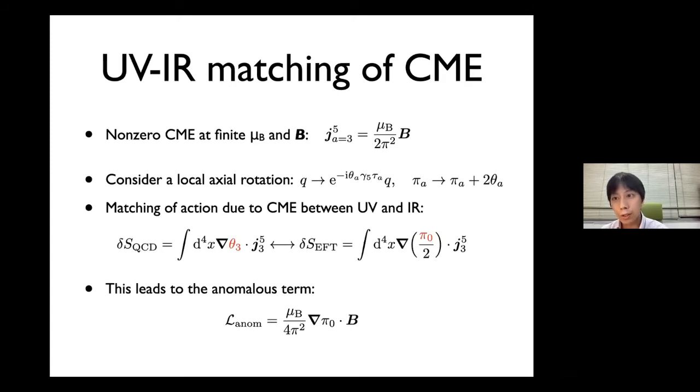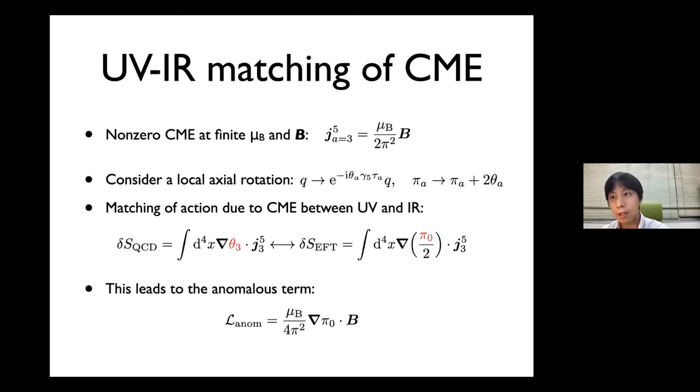In order to write down the anomalous term that is responsible for this chiral magnetic current, let us consider a local axial rotation, where the quark is transformed in this way, and correspondingly, the pion field is transformed in this way. Here the factor 2 originates from the fact that the pion is made up of a quark and an anti-quark.